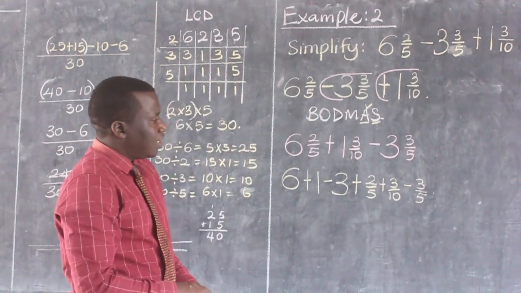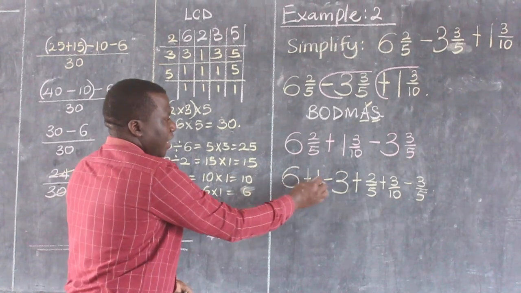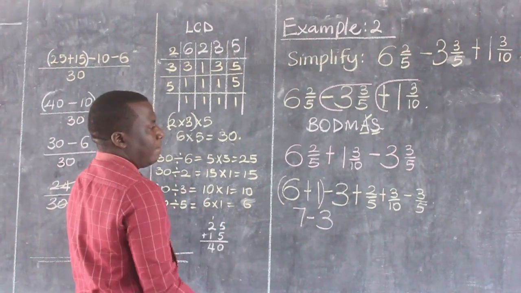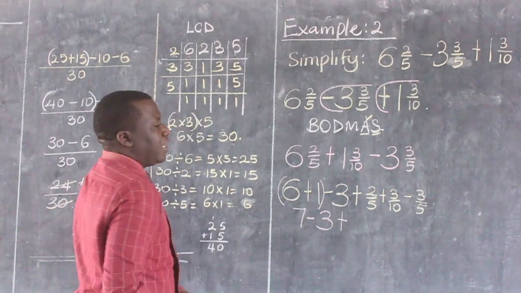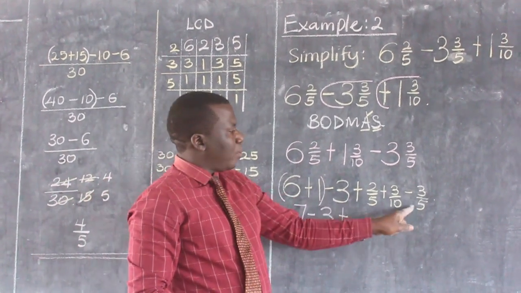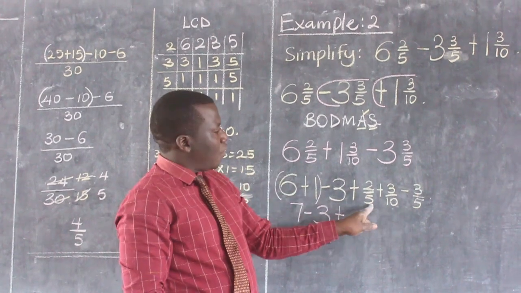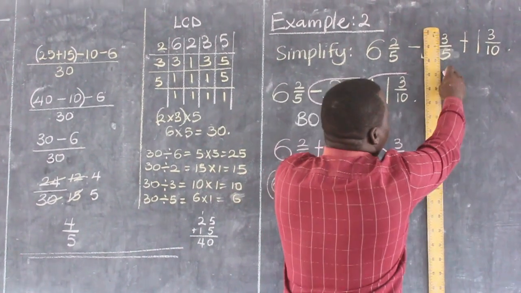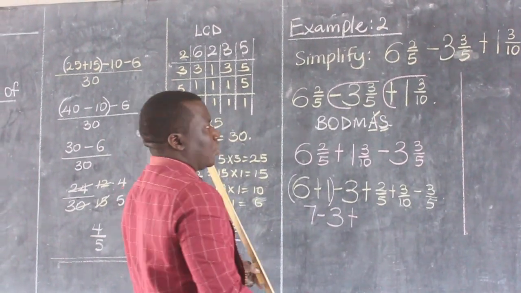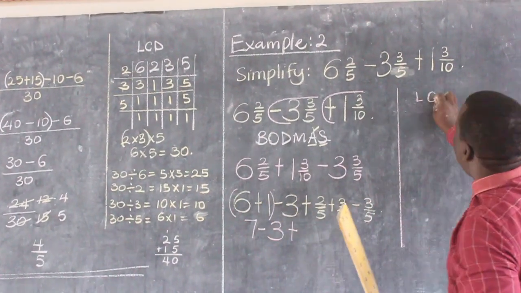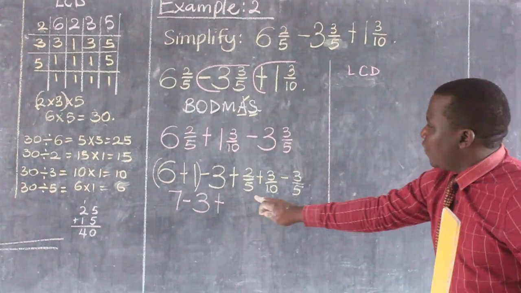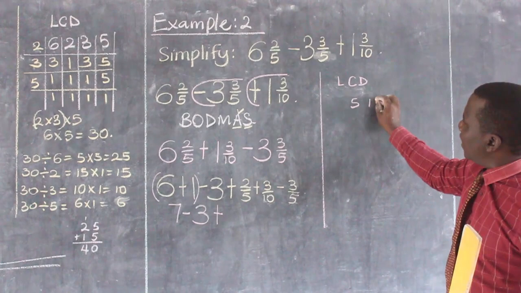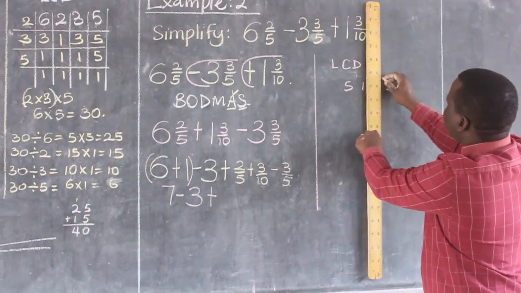Okay? Now, if you added this, you will get 7 minus 3 plus, let's go now and get the lowest common denominator of all these denominators. Which one is the lowest common denominator? So our denominators are 5, 10, 5.